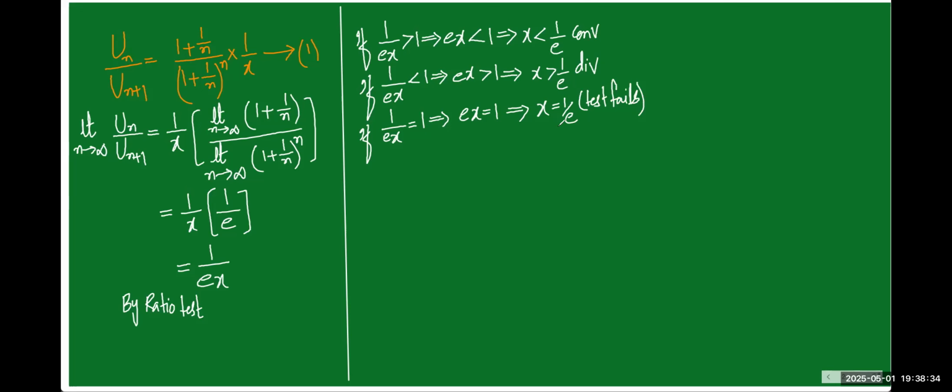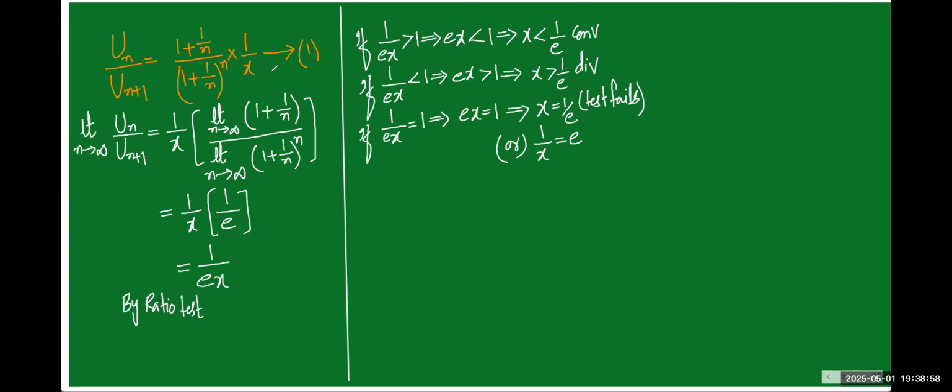So this value x equal to 1 by e, or 1 by x equal to e, we have to put. If we put e in place of 1 by x, it becomes easier. Substitute in equation number 1.